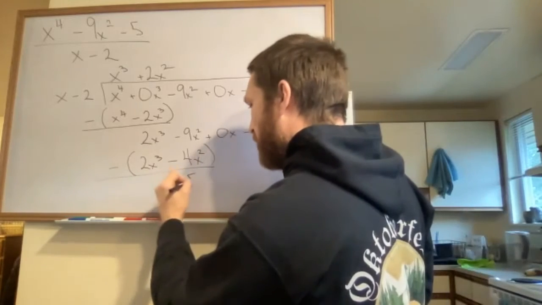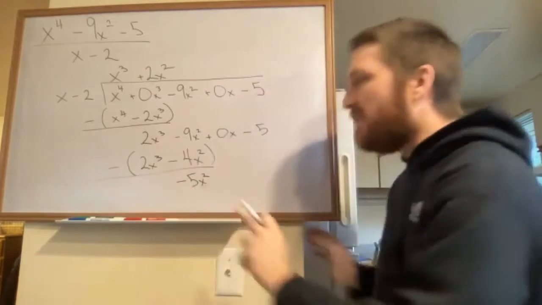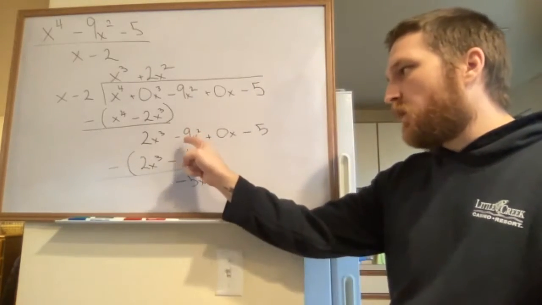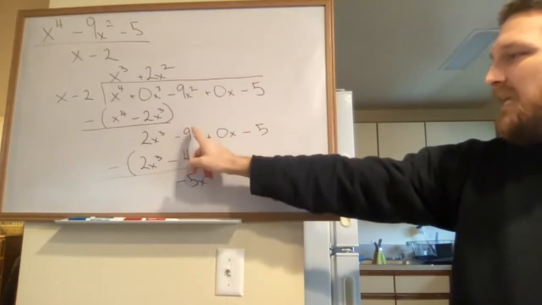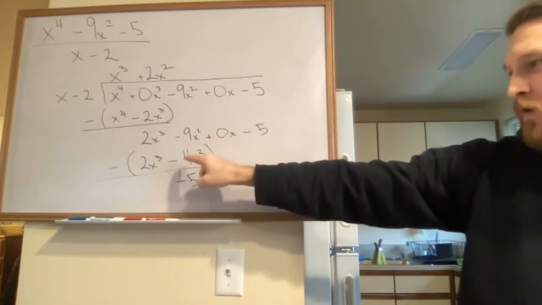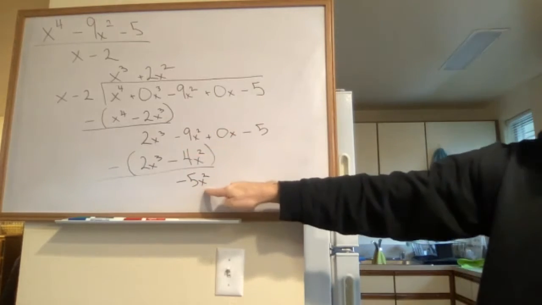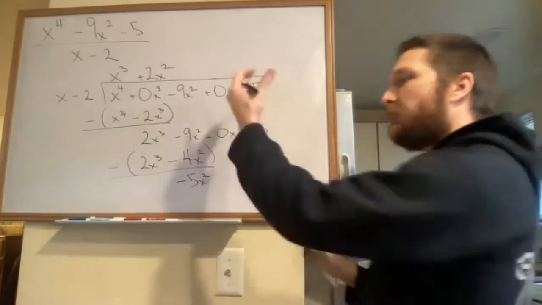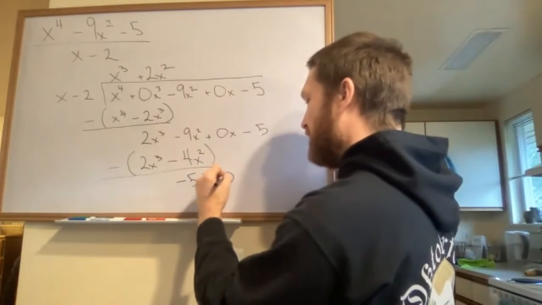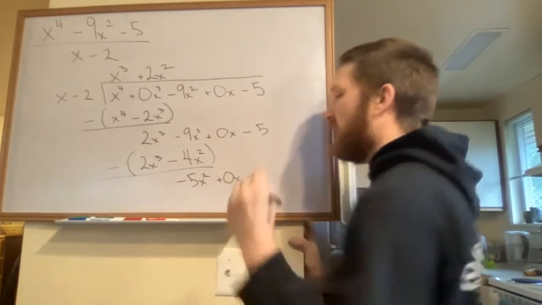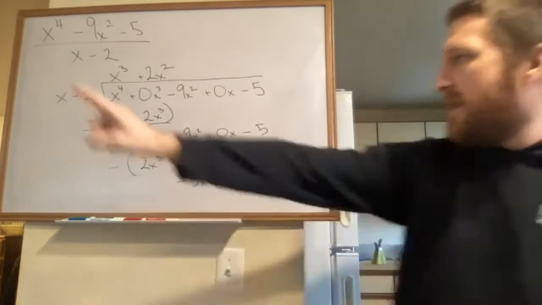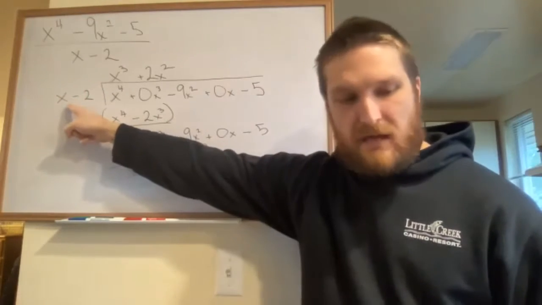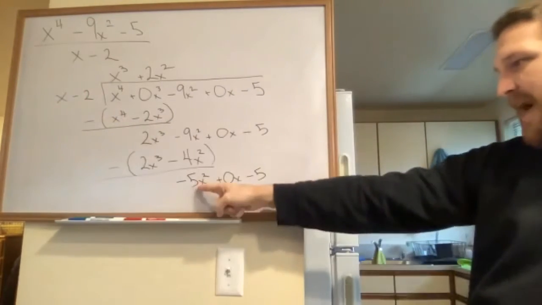Minus 5x squared. And to be clear, the reason why is because we had a minus 9x squared. Minus a minus is plus a positive. So we had minus 9 plus 4 gives me minus 5. So we're good. Now I'm going to drop the other terms. I get a 0x and I have a minus 5. Okay. Now, what do I multiply that guy by in order to give me that guy right there?